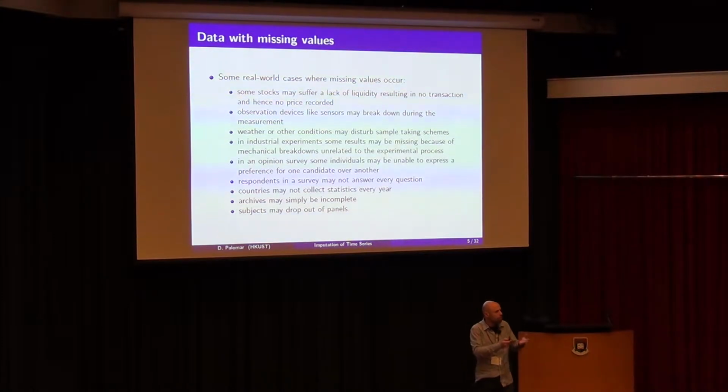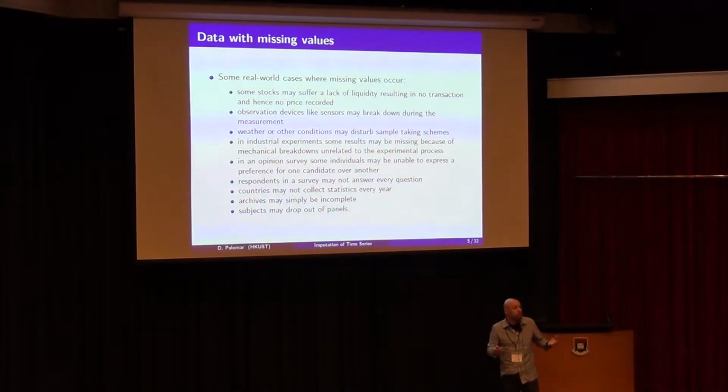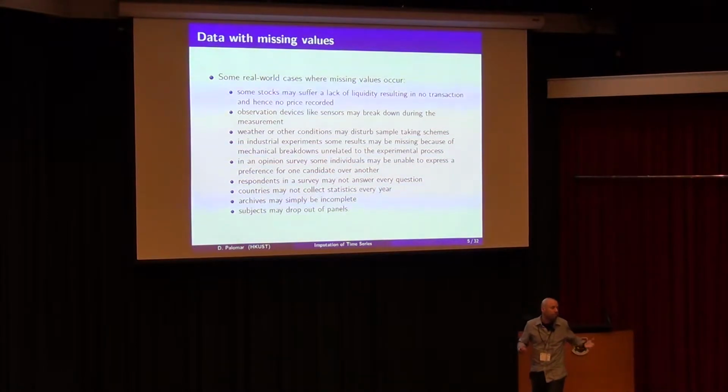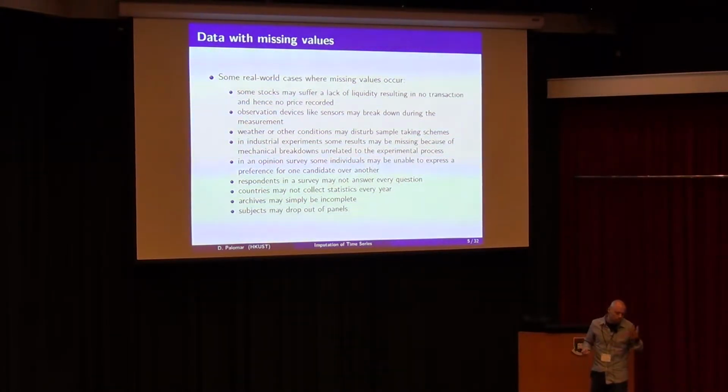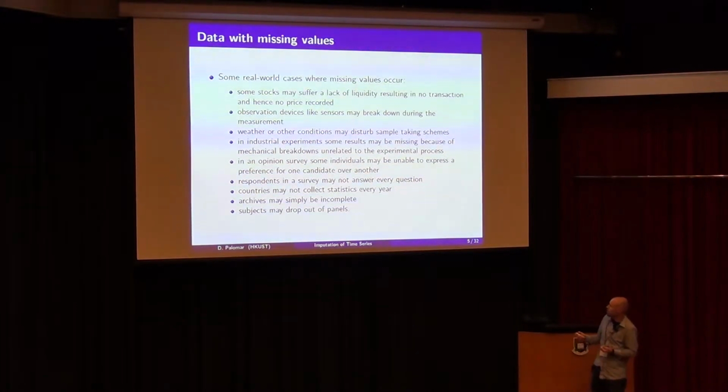Different countries have different holidays, or maybe some stock is illiquid and it is not traded, or it is traded, but the data that you have is not of good quality. It depends how much you pay for the data. If you get the data from a Bloomberg terminal, probably you will get fewer missing values. There are also many other applications, like sensors that are measuring something and sometimes fail to measure, maybe because the battery fails at some point.